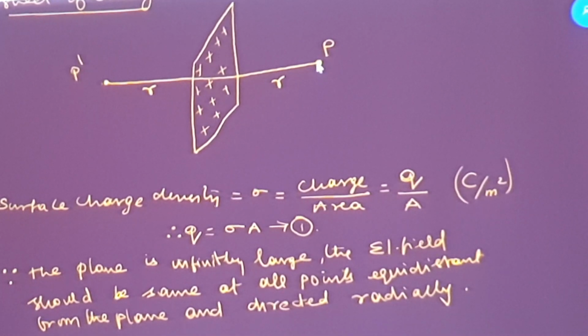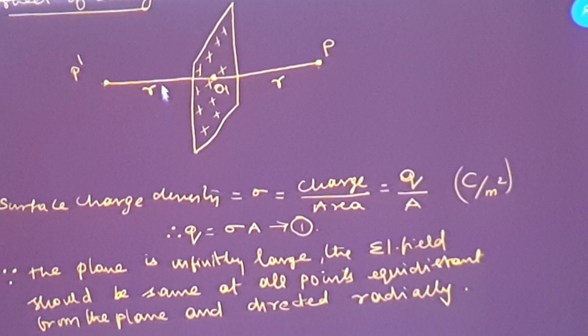The electrical field at P and at P dash are the same. Since the plane is infinitely large, the electrical field should be the same at all points equidistant from the plane. With the center point as O, the points P and P dash are equidistant from the plane.